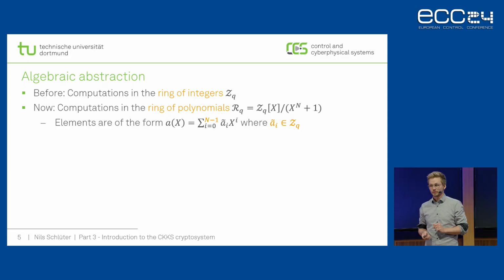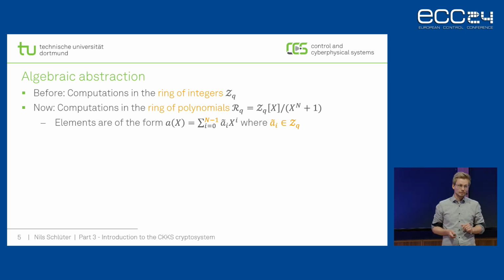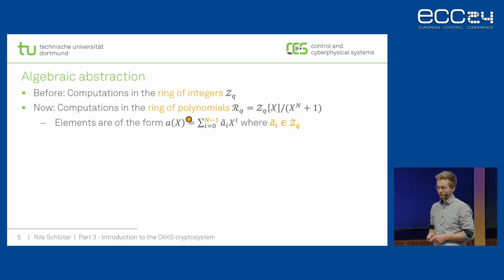And how can we improve on that? Well, cryptography came up with algebraic abstraction. Before, we had computations in the ring of integers in this ZQ, where we had addition and multiplication defined. We now have computations in a ring of polynomials. So this is our polynomial ring. We have polynomials in terms of a large x, and these polynomials come with coefficients that are inside the set ZQ.